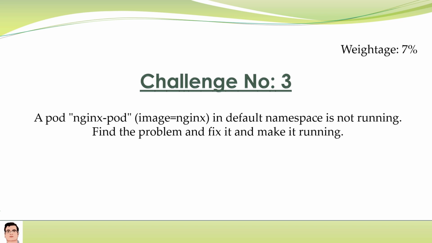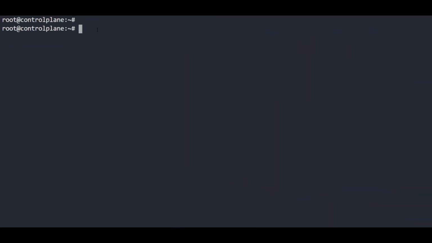So now jumping to the lab session to understand the problem, and we will fix it accordingly and make the pod run in the running state. Okay, so in this particular question, there is a pod called nginx-pod using the image nginx, which is not running in the default namespace. So we have to find the problem and fix it and make it running. Let's see whether the pod exists, first we have to check it. kubectl get pod.